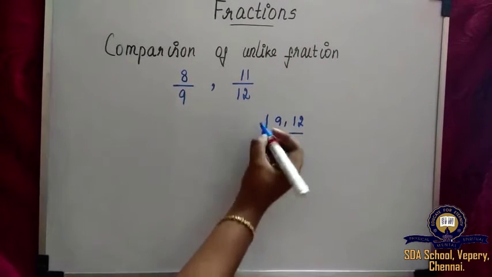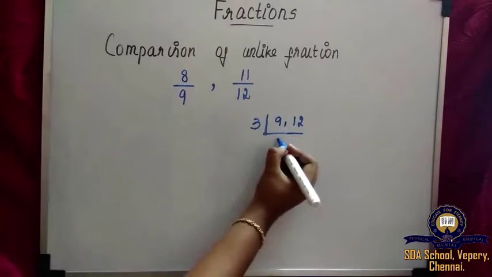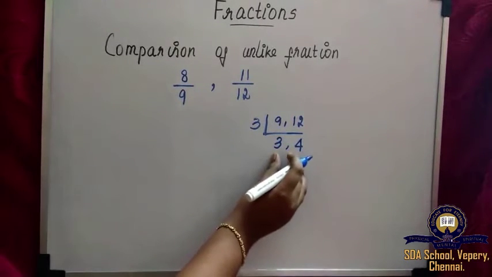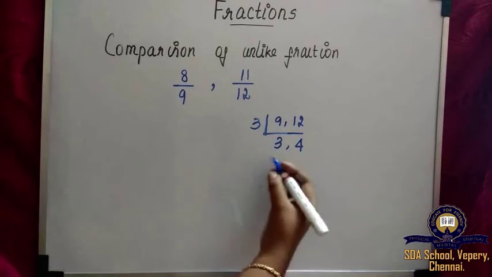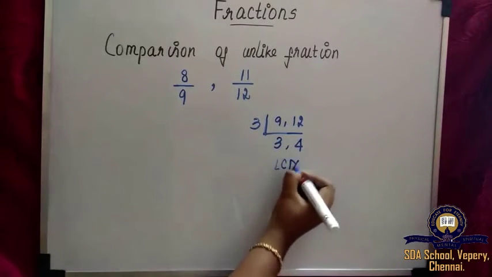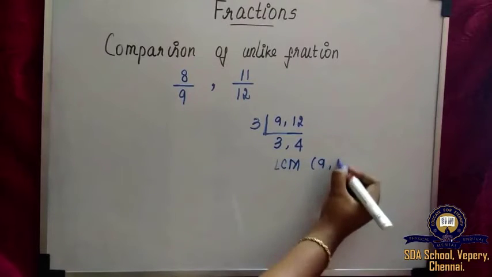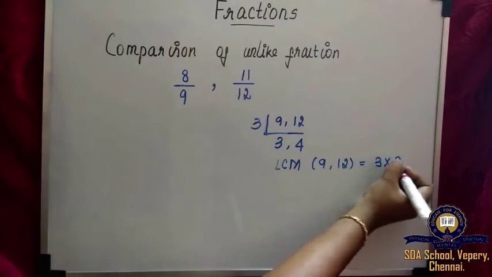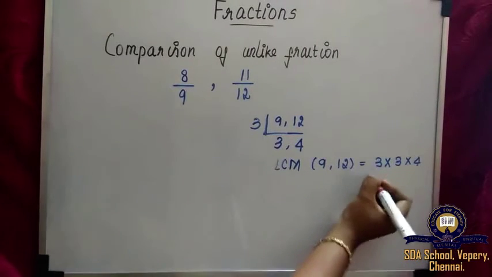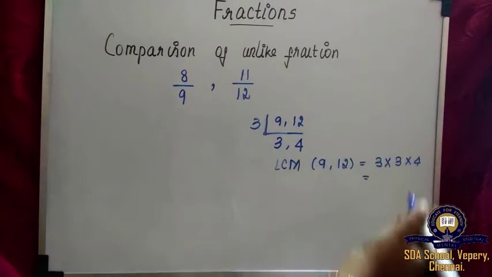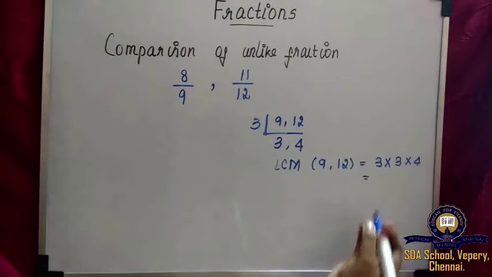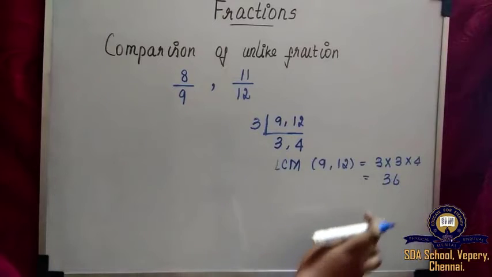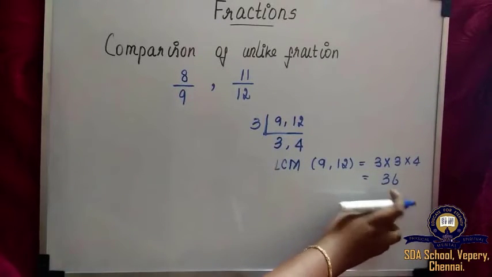Both have the common factor 3. 3 threes are 9, 3 fours are 12. So 3 and 4 have no common factor. So we can stop here. So the LCM of 9 and 12 is equal to 3 into 3 into 4. 3 threes are 9. 9 fours are 36. So now we have found the LCM to be 36.